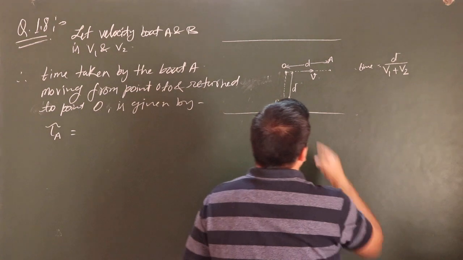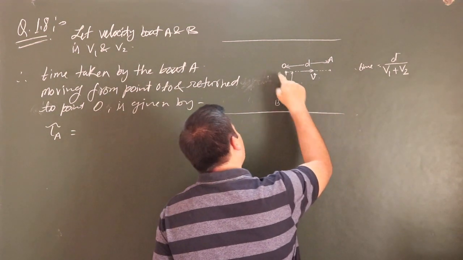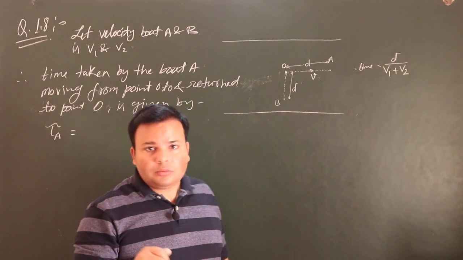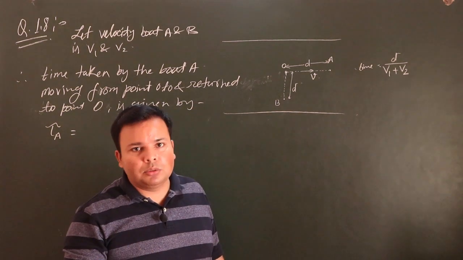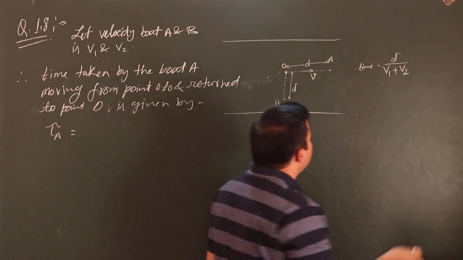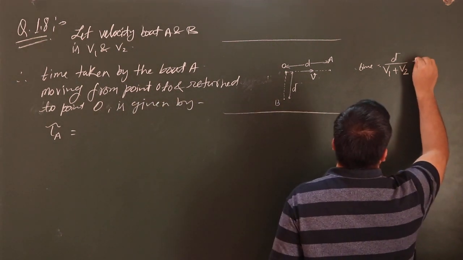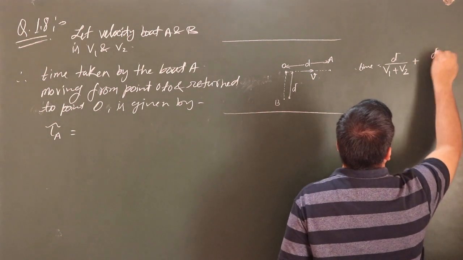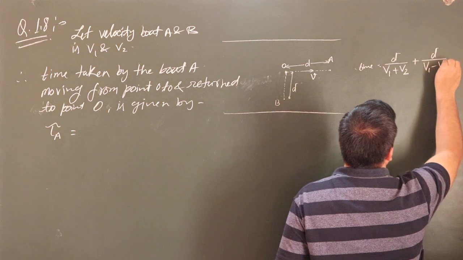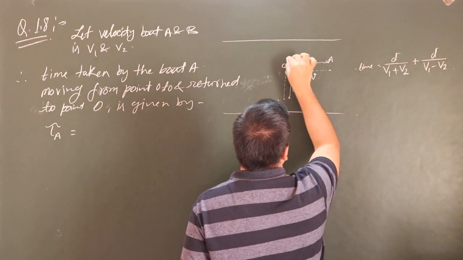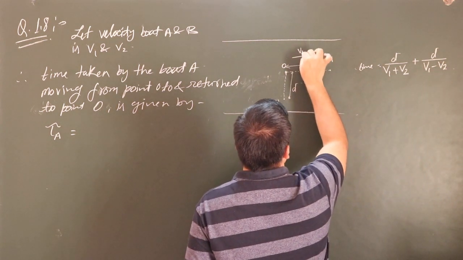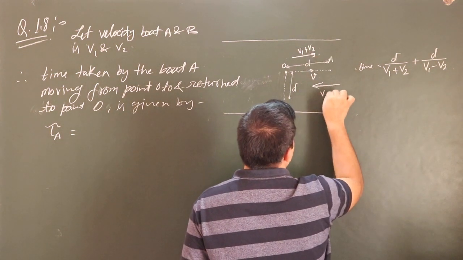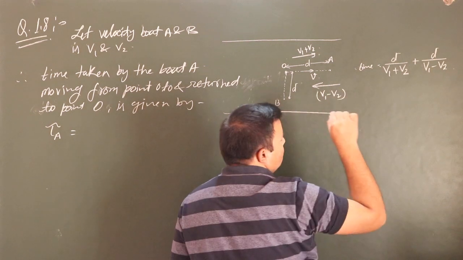And when the boat is moving from A to O, the boat is moving upstream, just opposite to the flow velocity. Then its final velocity is V1 minus V2.